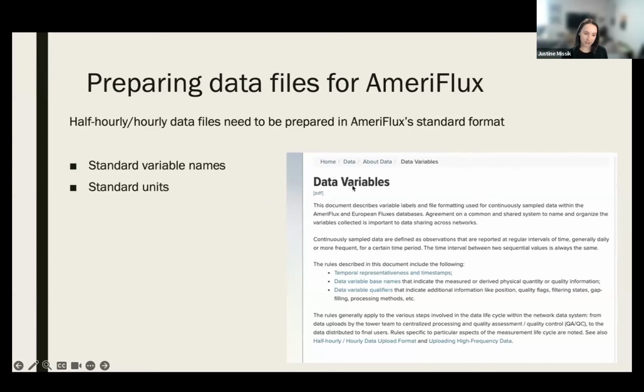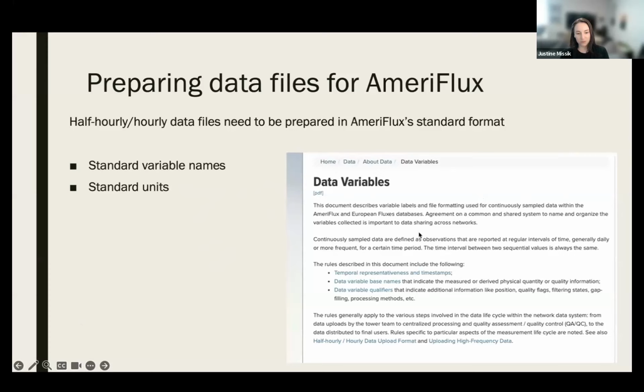And there's a page on the website that goes through what all of the standard names are for all of the variables. So you just need to make sure that yours are named appropriately. And then you need to make sure that all of the units for all of your variables are using the units for the AmeriFlux standard.